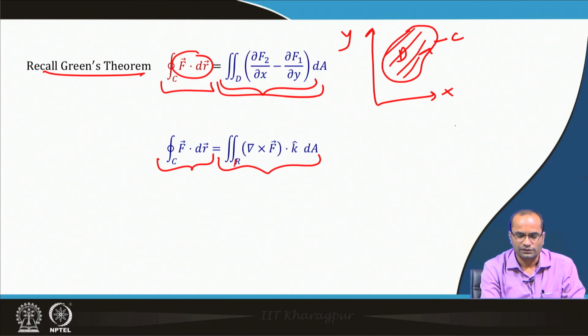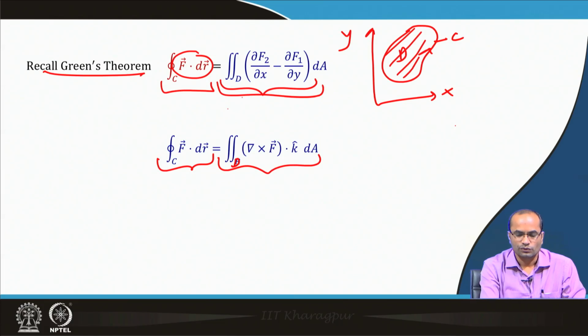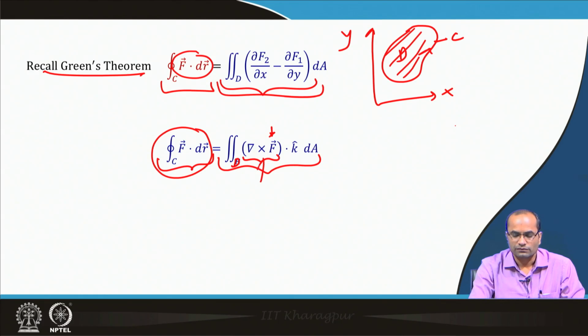We can put D or we can put R, the region covered by the curve C. This can be written in terms of the curl of the vector field F. Again, the line integral is equal to the curl dot product with k, and this integral has to be done over the region enclosed by the curve C.